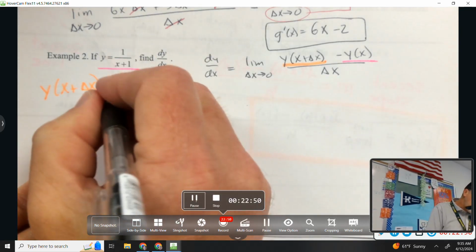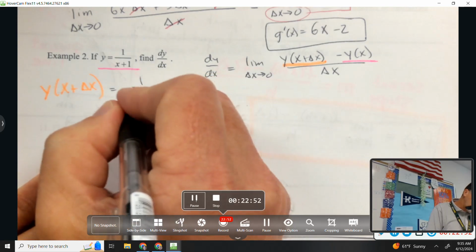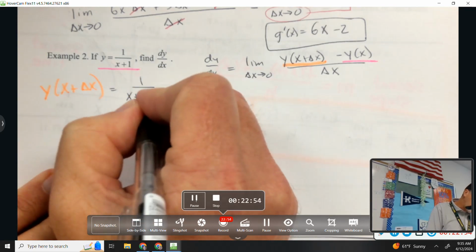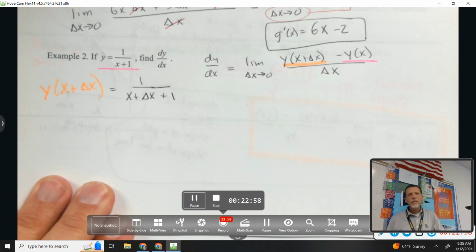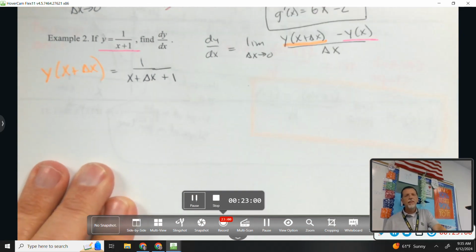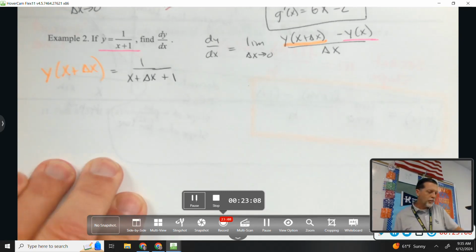Okay, so 1 over x plus delta x plus 1. I guess I'd say the initial algebra was a lot easier on this one because I didn't have to FOIL or distribute anything. Don't get too excited about the ease of the algebra though.